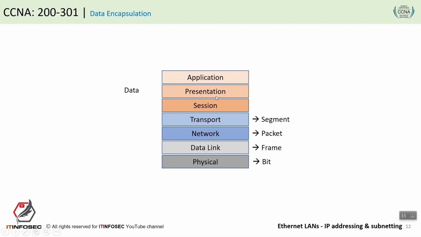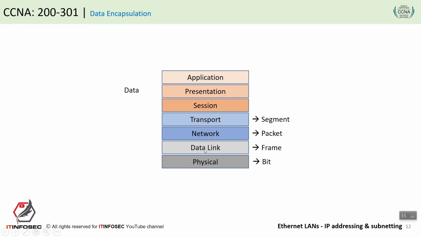When we want to send data, for example starting from the physical layer, when the data is just in Ethernet or the physical layer, it's called a bit.